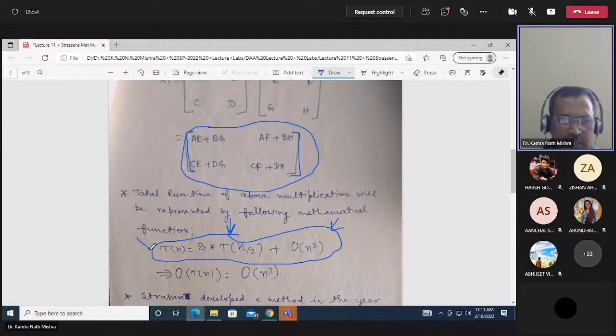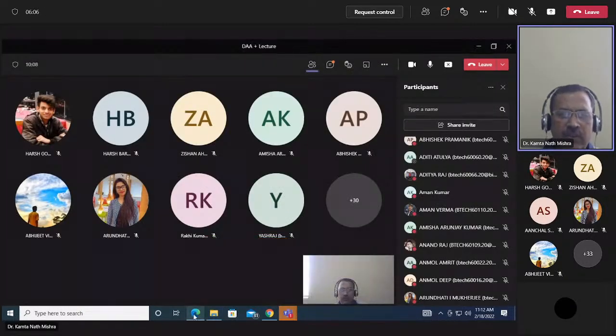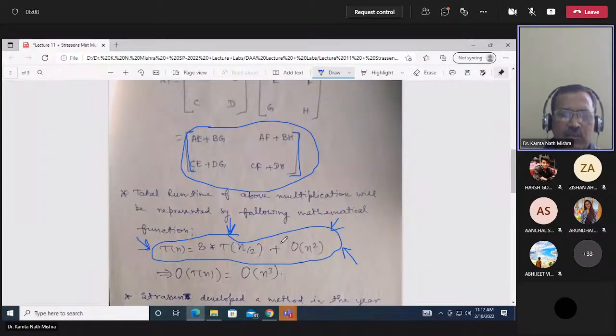Aman Verma, can you read this equation? This is the brute force matrix multiplication recurrence relation.